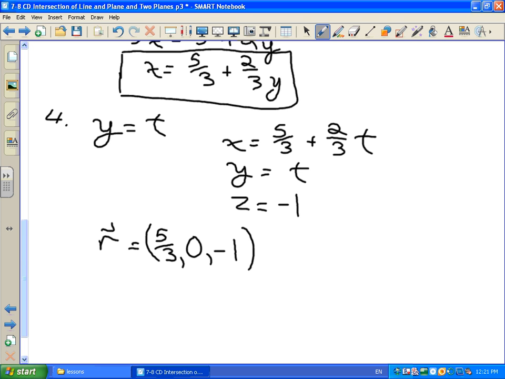That's our point that's on the line, plus t times, let's see, we've got 2/3 as our x component, a 1 for our y component, and nothing for our z component in terms of t. So the vector equation is 5/3, 0, -1, plus t times 2/3, 1, and 0. And we're done.